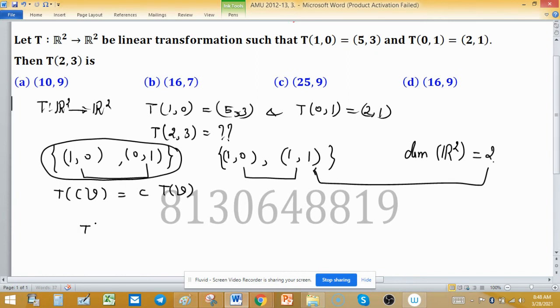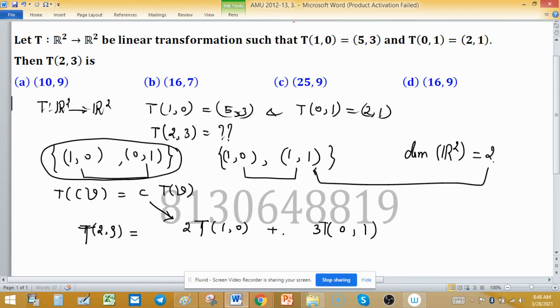So we are seeking the image of (2,3), and it can be written as a linear combination: 2 times (1,0) plus 3 times (0,1). When we apply T over this element, we use this property, so the scalar comes out in front of the linear transformation.